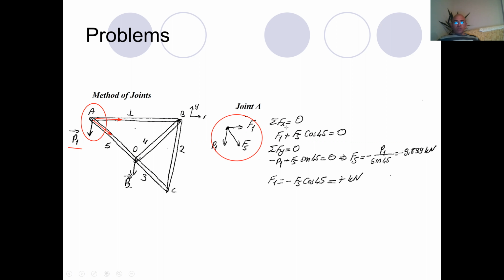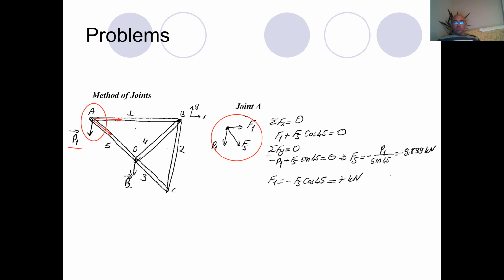What we do is we write the sum of the forces in each direction. Since this angle is 45 degrees, we can easily say that F1 plus F5 multiplied by cosine 45 is equal to 0. This is equation 1.